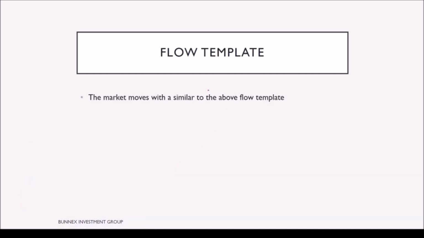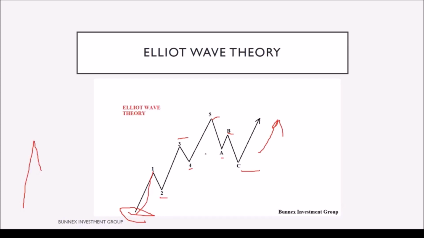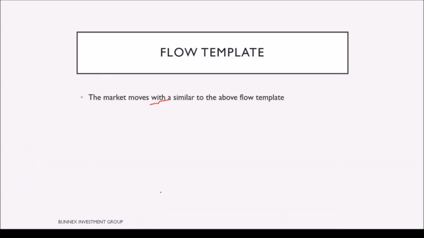So here are a few facts about the flow template or the waves that we have mentioned earlier. The market moves similar to the above flow template. So this template is how we expect the market to usually or mostly move much of its time. The template we will look for must have only 5 waves within the market flow.